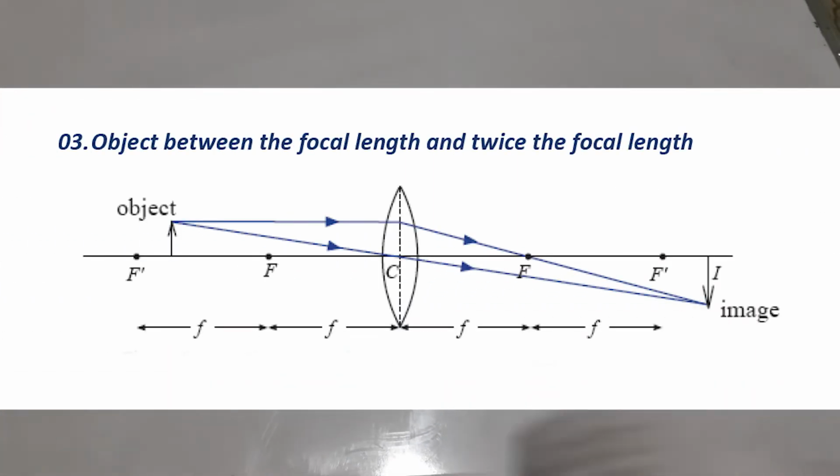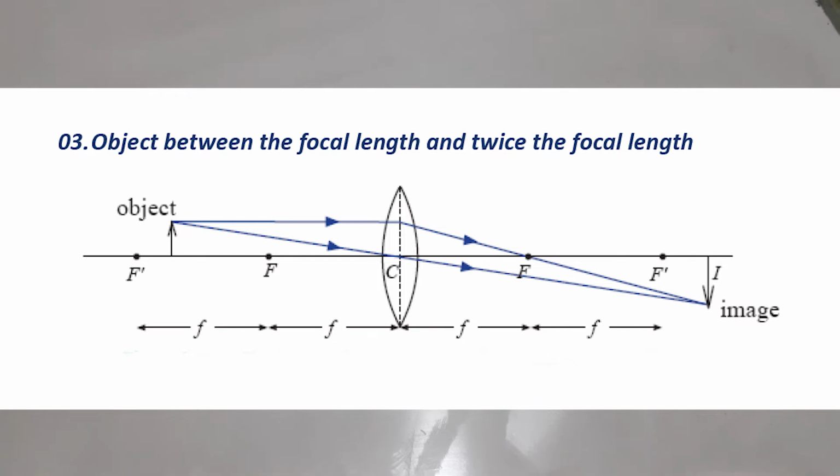So let's move on to the third position, that is when the object is kept greater than the focal length and less than twice the focal length. If you see this diagram, you can see the position of the image lies in a place where it is greater than twice the focal length on the opposite side. And if you see this image, it is upside down.